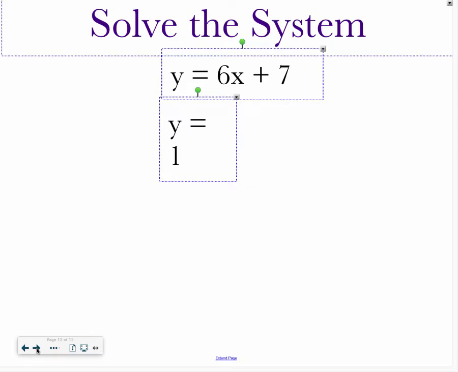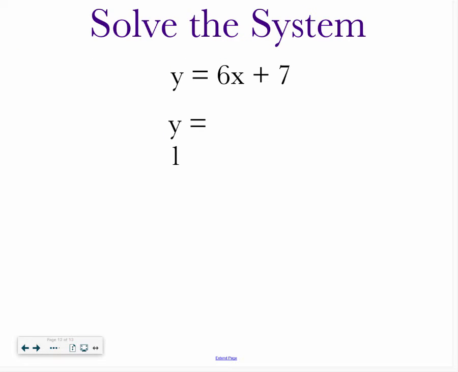Okay, let's try one more like that. Oh, this got a little messed up. That should just be y equals 1. I'm not going to mess with it right now. Okay. So we have y equals 1, and we have y equals 6x plus 7. So again, we have a y here, a y here. Let's replace these numbers. So we have 1 equals 6x plus 7.